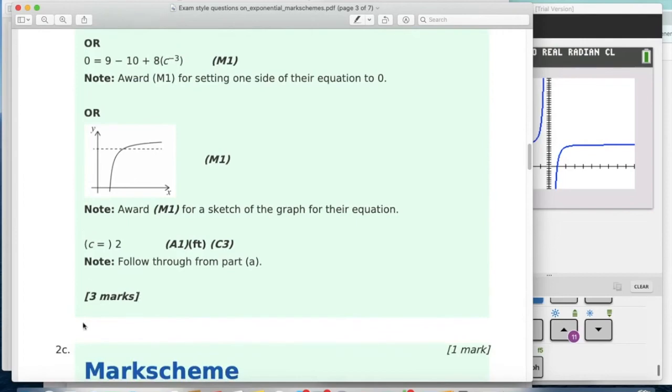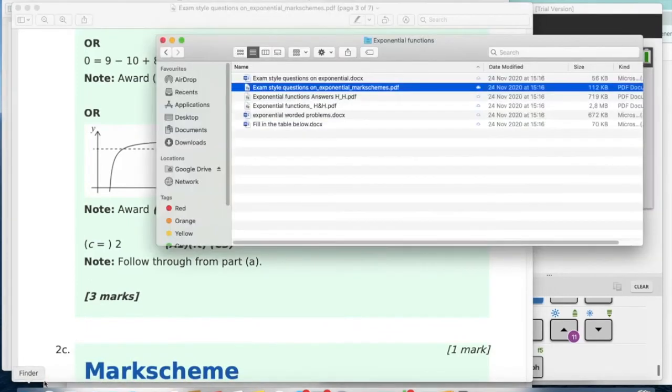Let's go over the last part, which is going to be 2c.